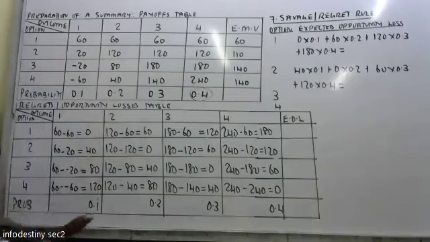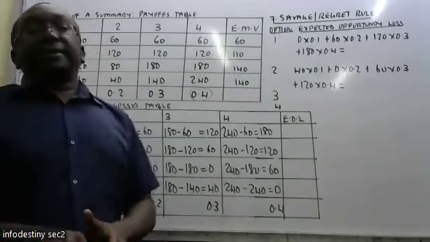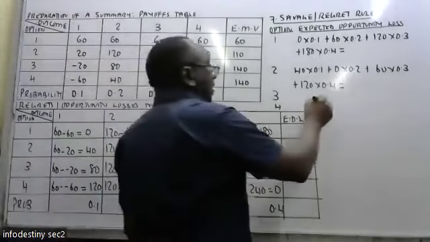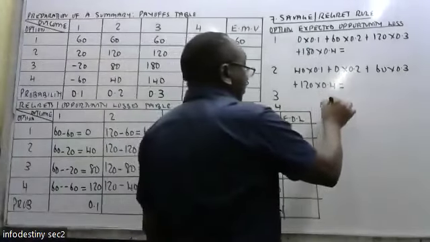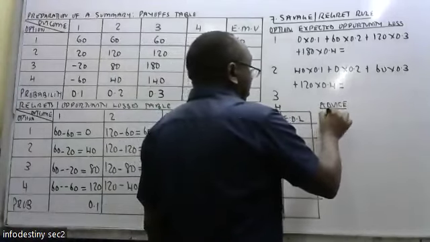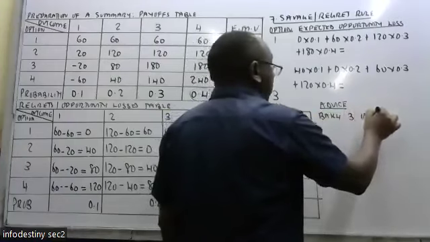Okay, so here, which one is the lowest? There are two of them, eh? So the advice is they should bake 3 or 4.